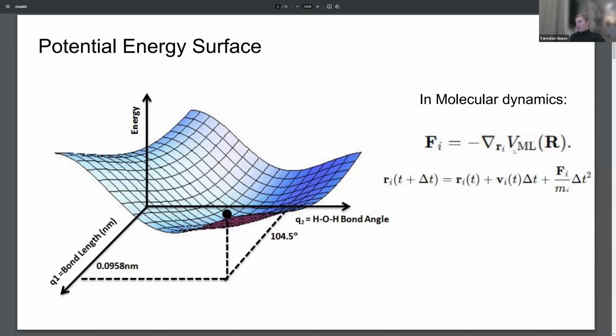By taking the gradient of this potential with respect to the position of a particular atom, you can obtain the force. And then if you know the previous position of the particle, the velocity, and this force, you can estimate the future position of the particle and perform the molecular dynamics.